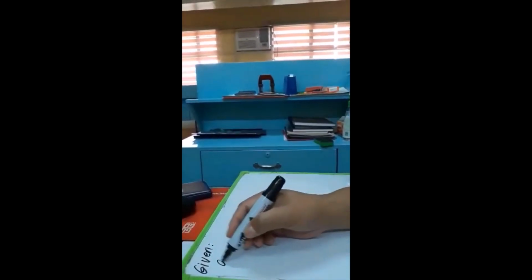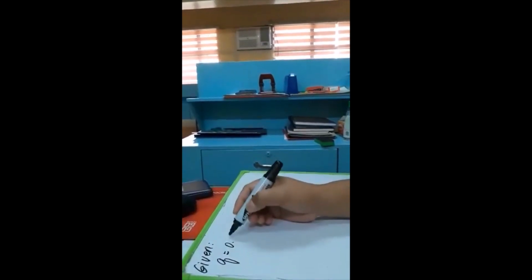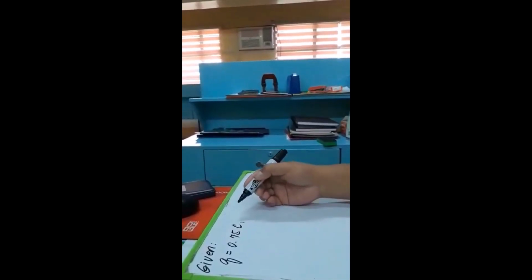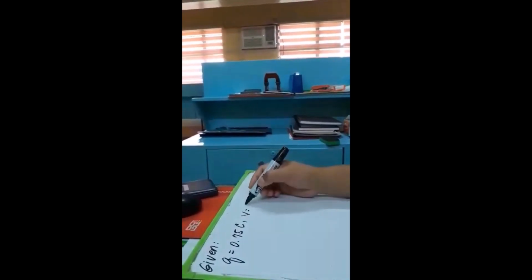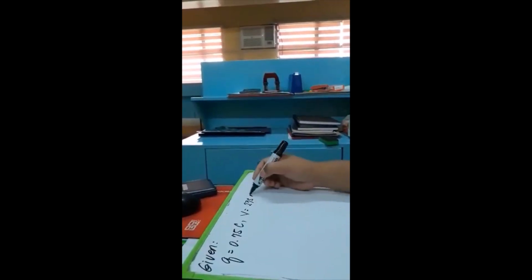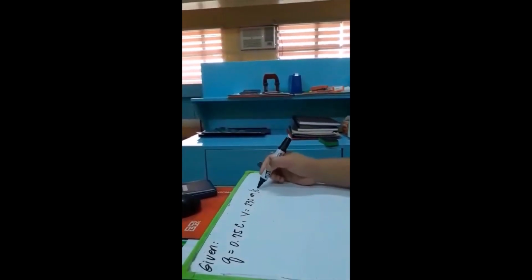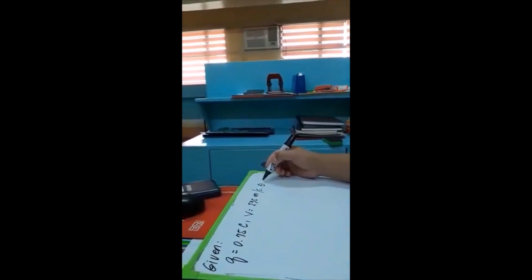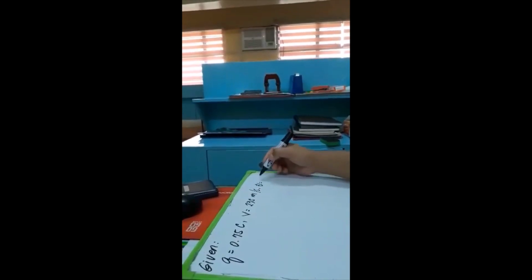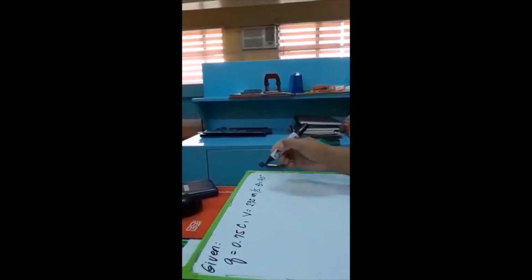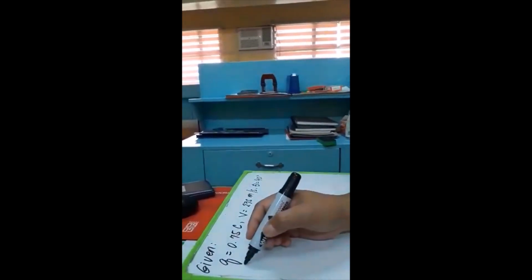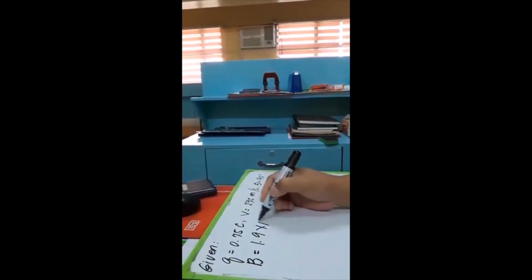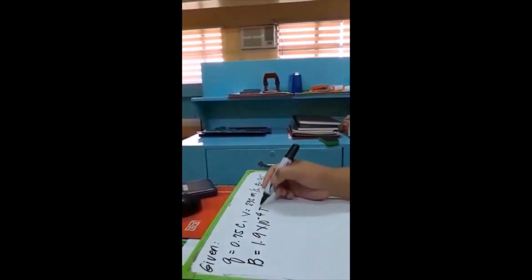First, we have Q, which is 0.75 coulomb, followed by speed, which is 235 meters per second, followed by our angle, which is perpendicular, kaya nakalagay we have 90 degrees, and we have our magnetic field, which is 1.9 times 10 raised to negative 4 Tesla.